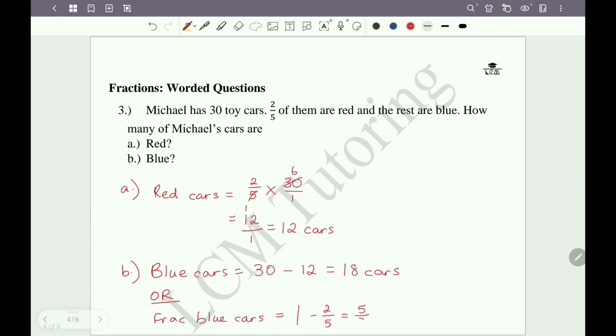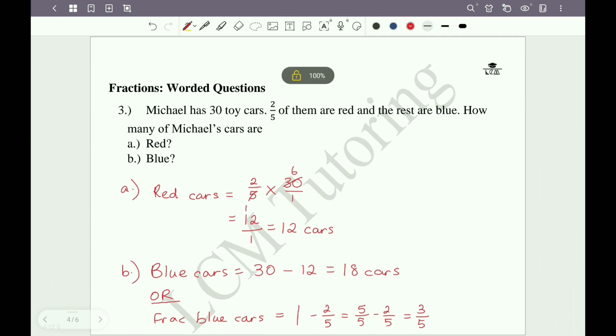That's going to be 5/5 minus 2/5, because 1 is any number over itself. So the fraction of his cars that are blue is 3/5, right? 5 minus 2 is 3. So the fraction of cars that he has that are blue is 3/5.